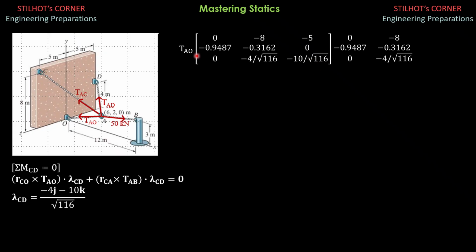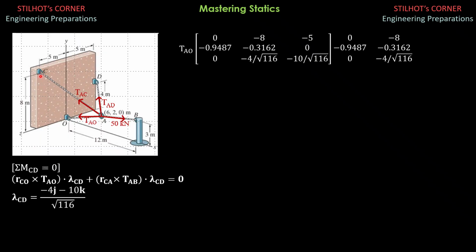These are the components of tension AO from the preceding slide, negative 0.5487 tension AOi, then negative 0.3162 tension AOj. There's no z component of that force. Then the unit vector 0i, then negative 4 over square root of 116, then negative 10 over square root of 116, then copy the elements of the first two columns.